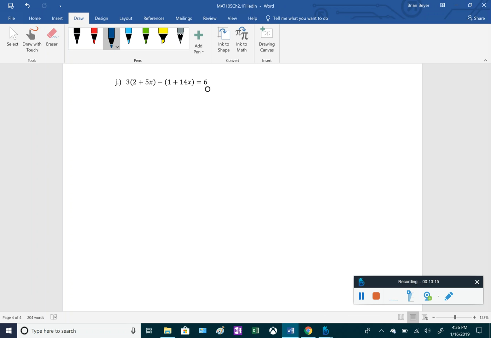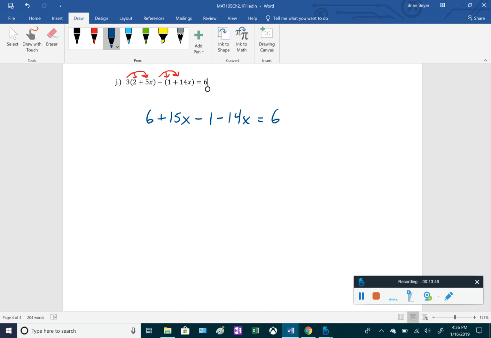So distribute, we have to do 3 times 2, 3 times 5x. 3 times 2 is 6, plus 3 times 5x is 15x. Now we have to distribute what is essentially a negative 1. So we get minus 1 minus 14x, and then equals 6.